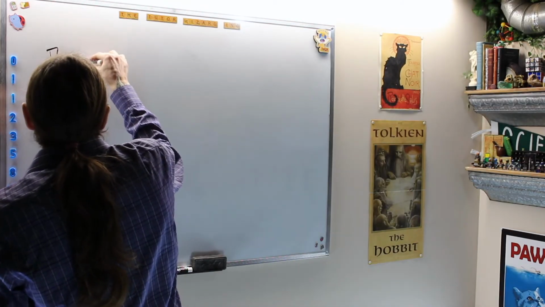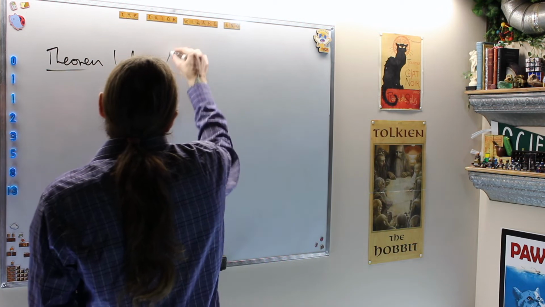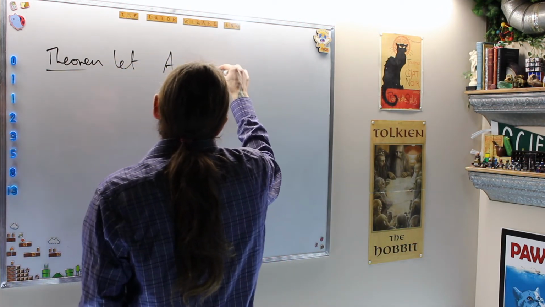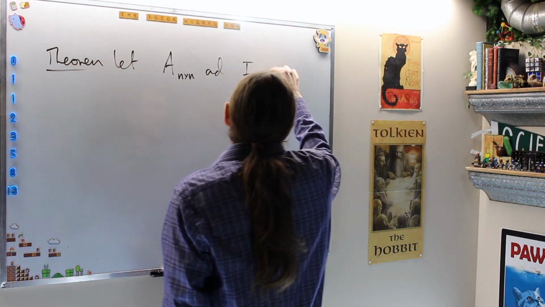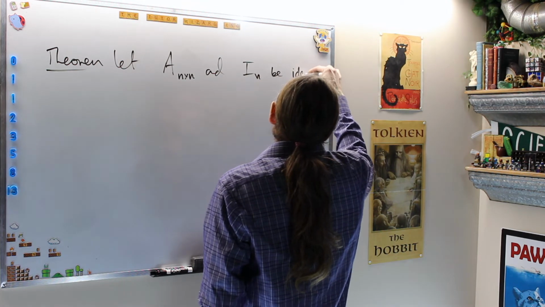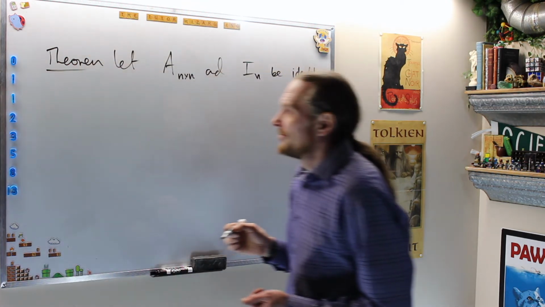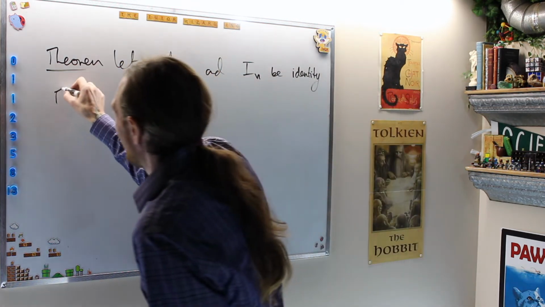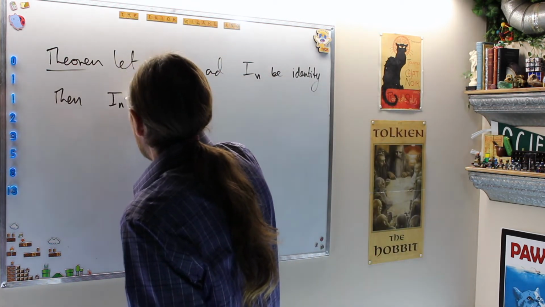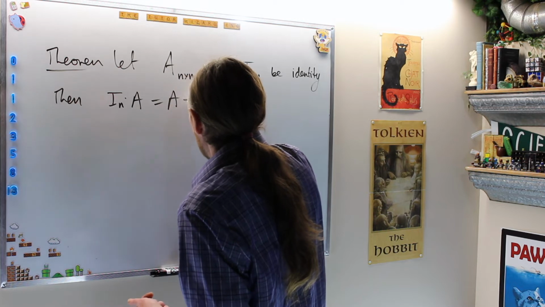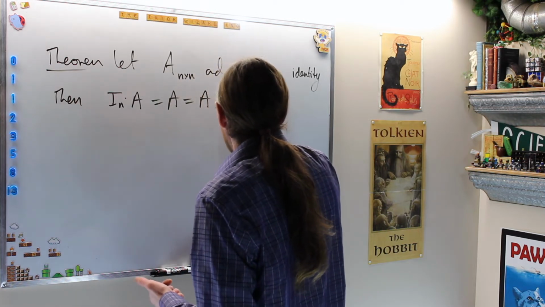Theorem. Let A be an n by n matrix and In be the identity. Then In times A equals A, which equals A times In.